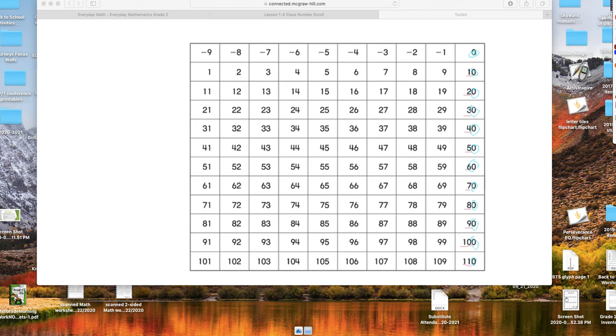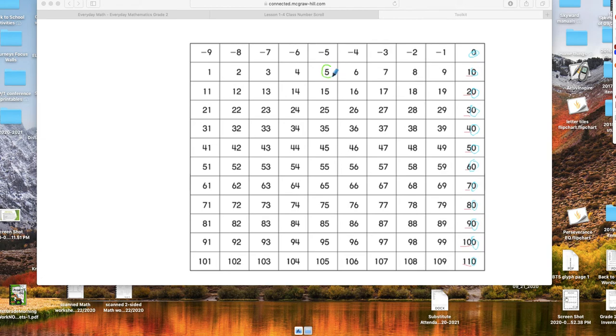Are you talking about like the tens and the ones? Well, we just looked at the tens and the ones. Do you notice any other patterns on the number grid? The fives. The fives also all have fives in the ones, but watch this.